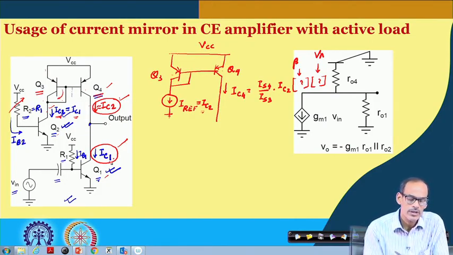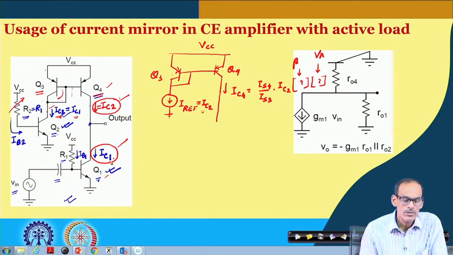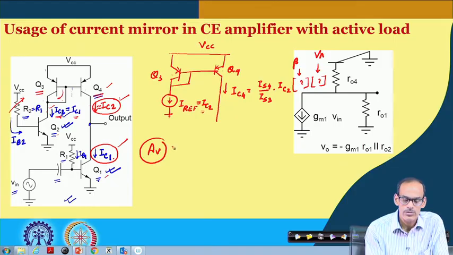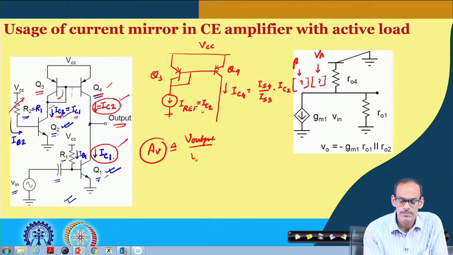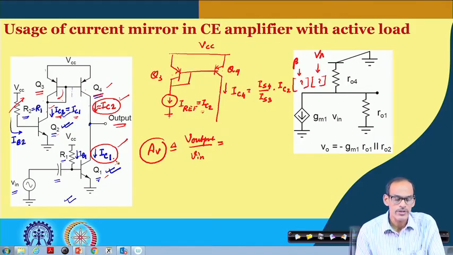Okay. So, once these two currents are equal, to get the voltage gain, which is defined by V out or V output divided by V in, that can be obtained by considering its small signal equivalent circuit.